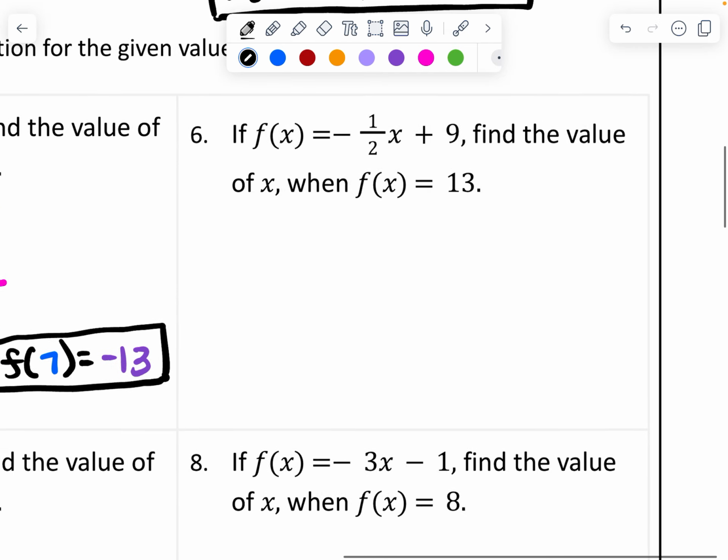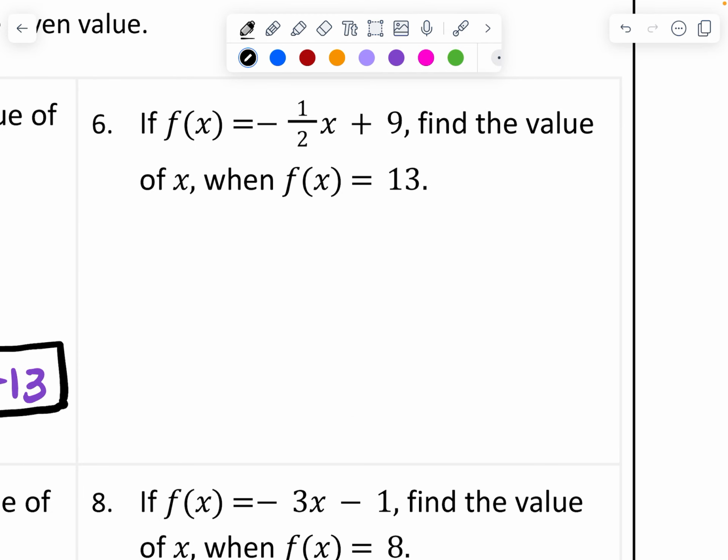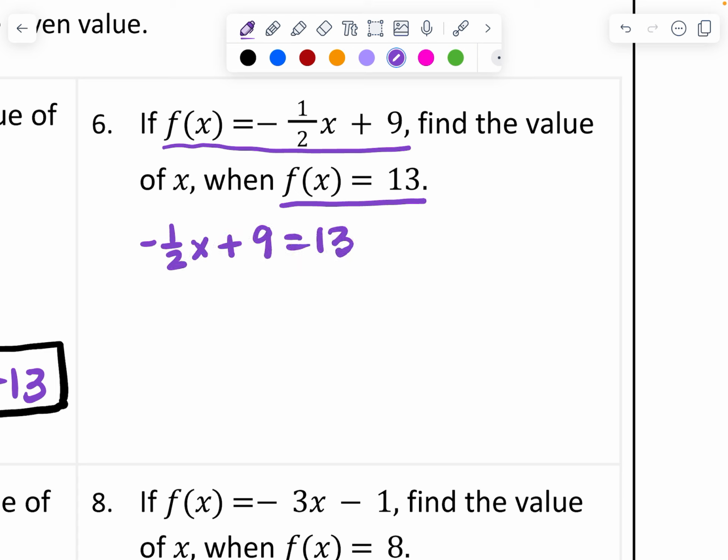Number 6, if f of x equals -1/2 x plus 9, find the value of x when f of x equals 13. Again, it's telling you that f of x equals -1/2 x plus 9 and f of x equals 13. So they are equal to each other. So I would subtract 9.